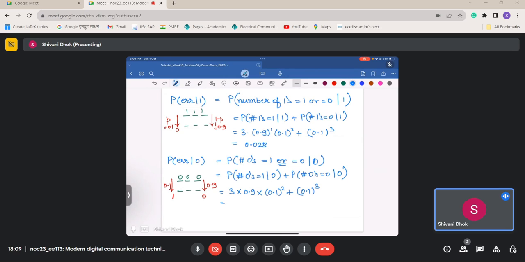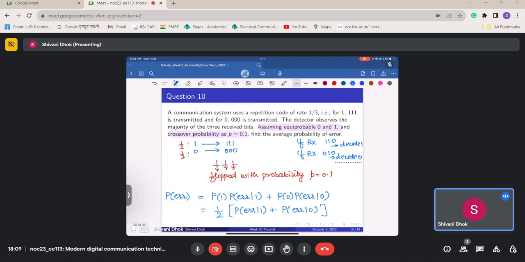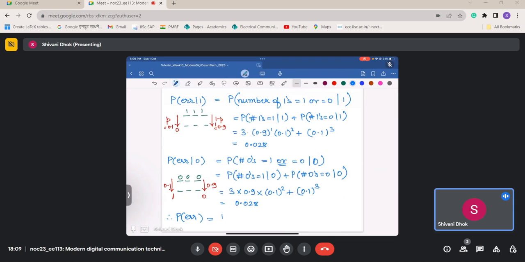Again, these two quantities are the same, so this comes out to be 0.028.